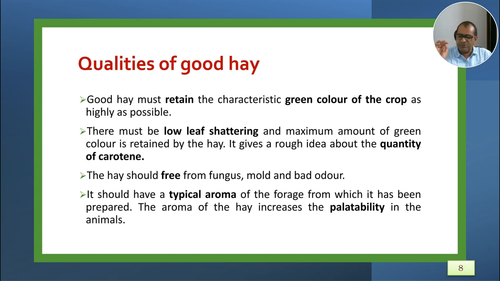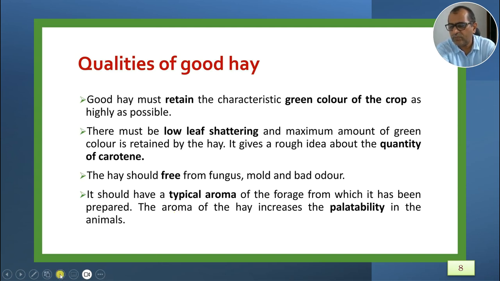But many times we have seen that this is not possible. But it must have low leaf shattering and maximum amount of the green color retained by the hay, and it gives a rough idea about the quantity of carotene present in the green powder. And this is one of the important nutrients that is required by the animals.